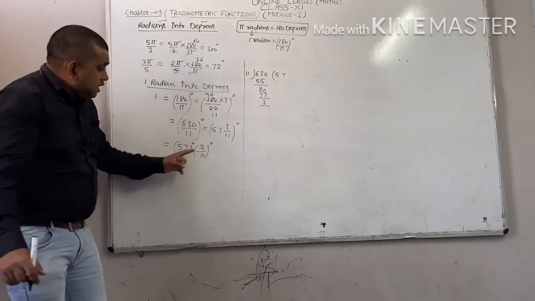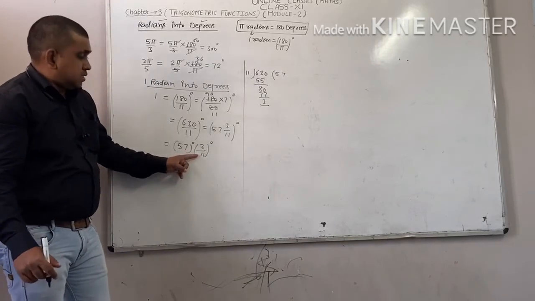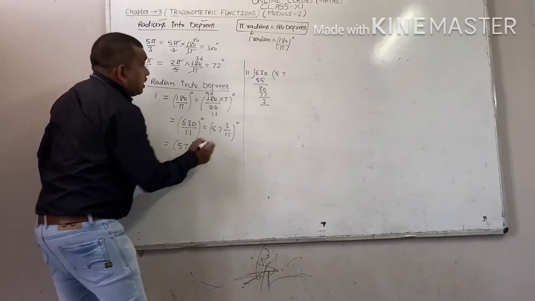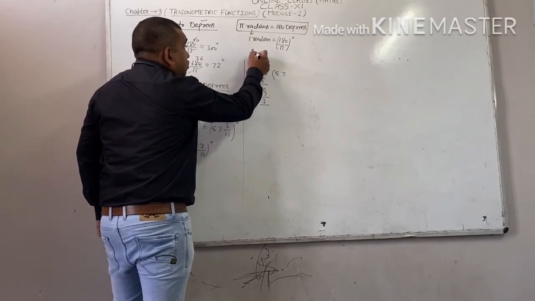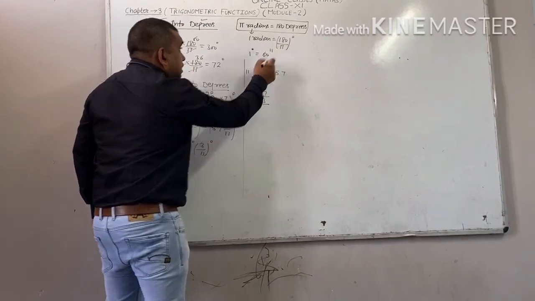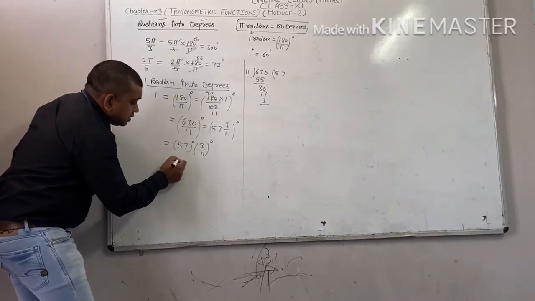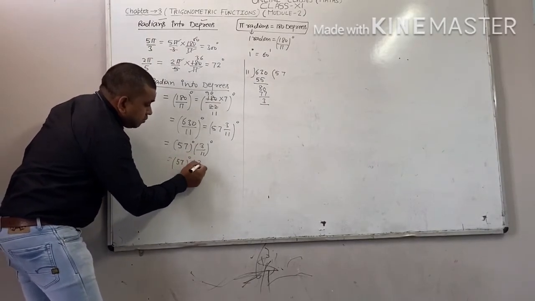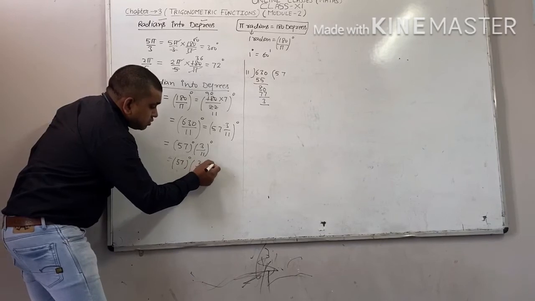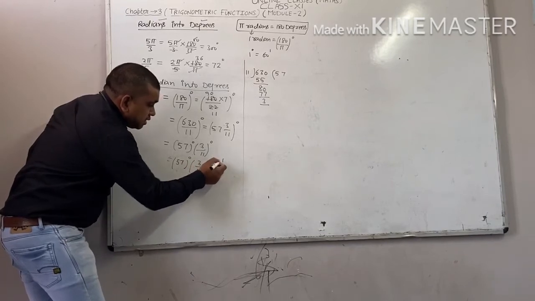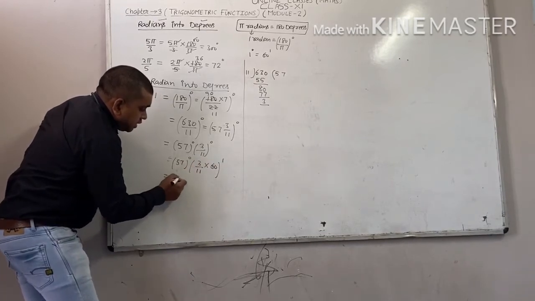Now you will convert this fractional term into minutes. And you know very well 1 degree equal to how many minutes? 60 minutes. Multiply it with 60. 3 by 11 into 60. This much minutes. Now simplify.